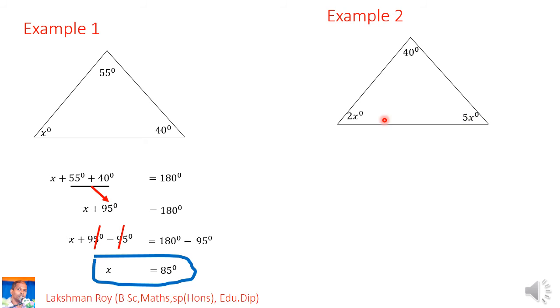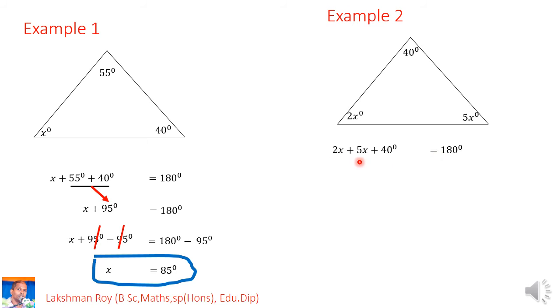So 2 angles we don't know, right? Unknown, right? Now we can write sum. What is the sum? 2x plus 5x plus 40 degree, right? So that is sum of interior angles. Then I can write this should be equal to 180. That is the result we got early, right?